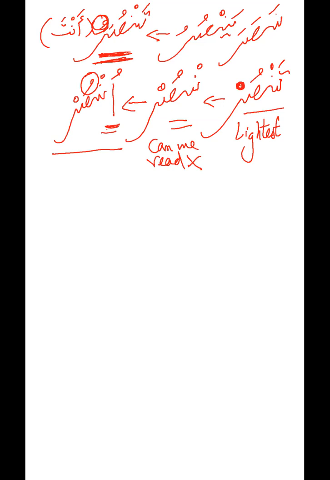So we will be placing dhamma on the helper alif. So from nasara, yansuru, tansuru, we have the command unsur. So unsur is the anta version.